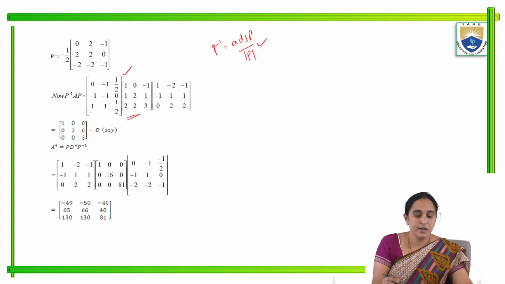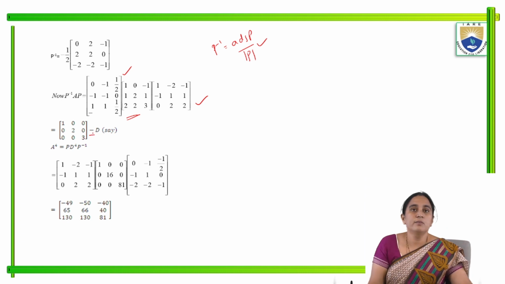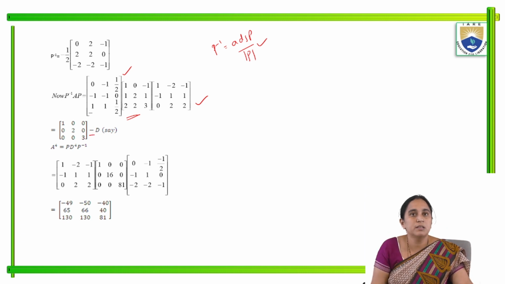And the next, what about the A matrix? This is the given matrix and this is the P matrix: 1, -2, -1, -1, 1, 1, 0, 2, 2. Therefore, multiply P inverse with A into P. Here we get one matrix form, 1, 0, 0, 0, 2, 0, 0, 0, 3.